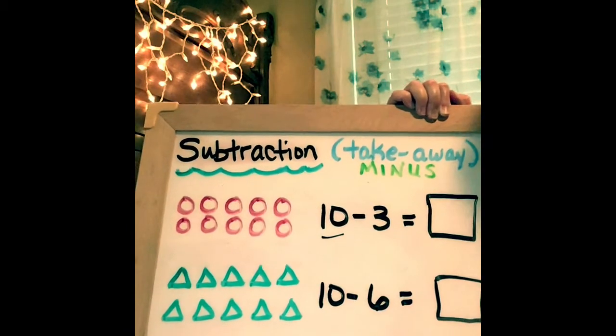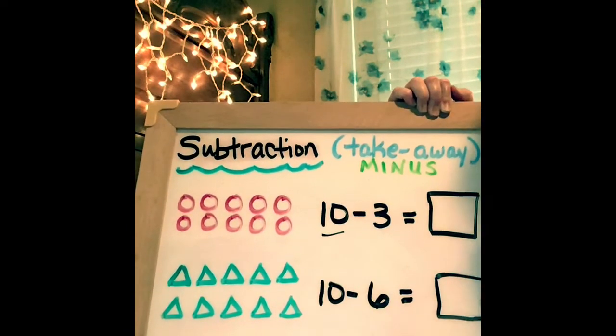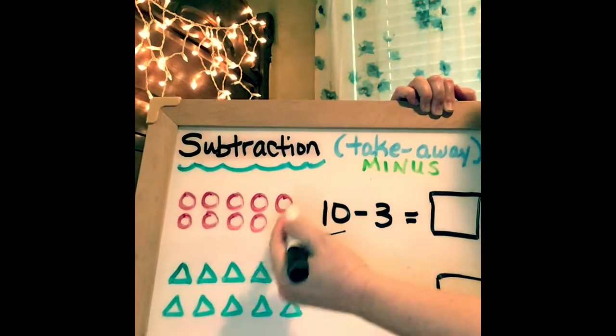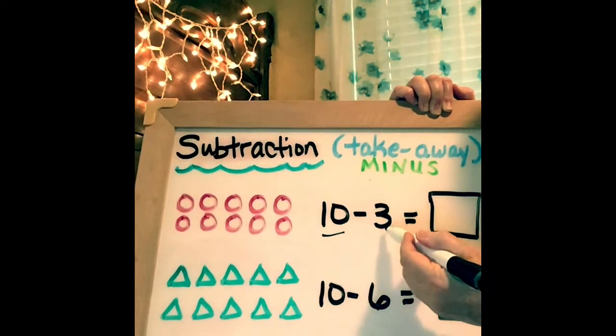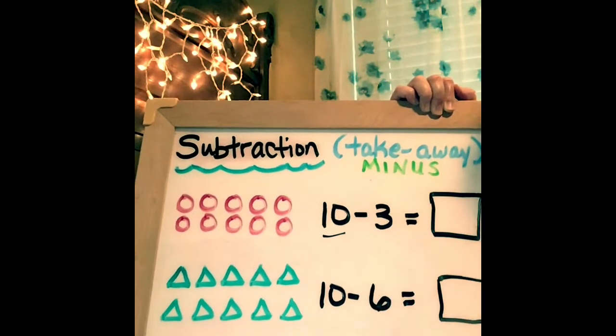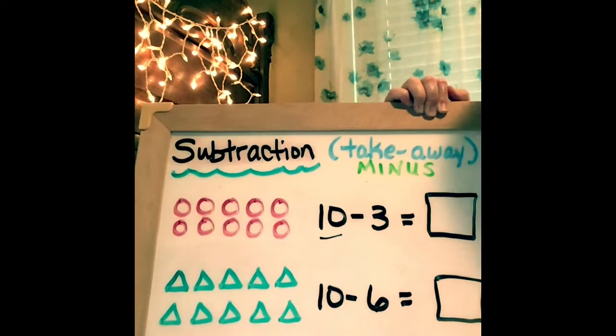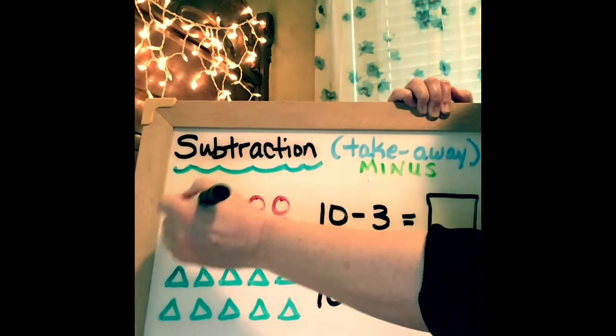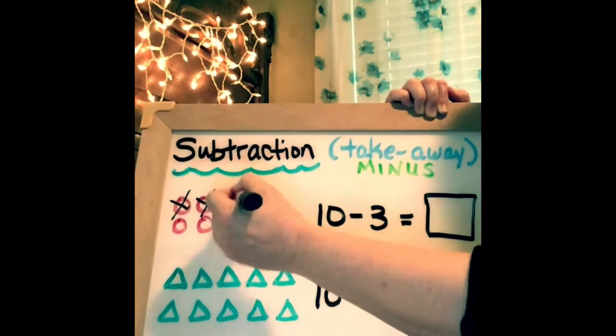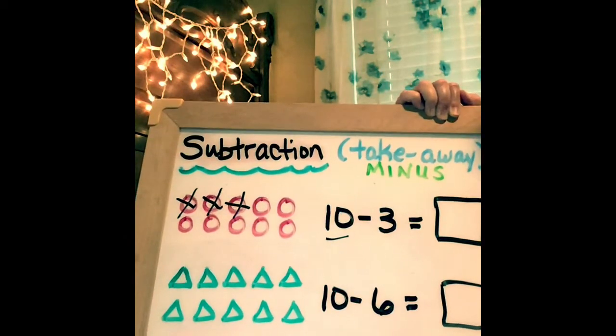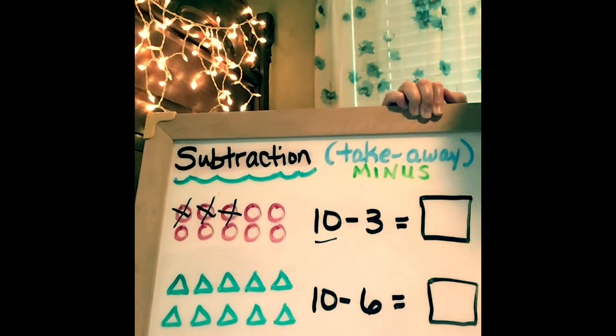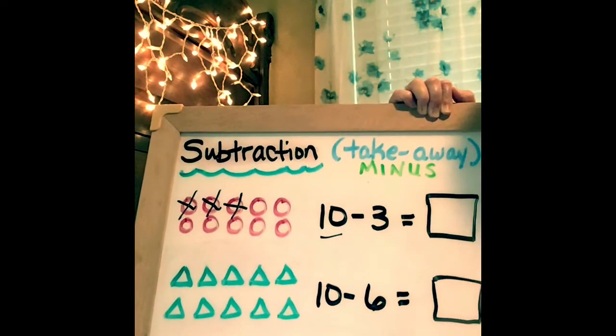So 10 minus 3. So what I'm going to do is go back to the picture with all 10, and cross out 3 of those circles. Any 3 will do. I'm just going to start on the left side. 1, 2, 3, and I'm going to mark out 3. Now, to get my answer, here's my answer box.